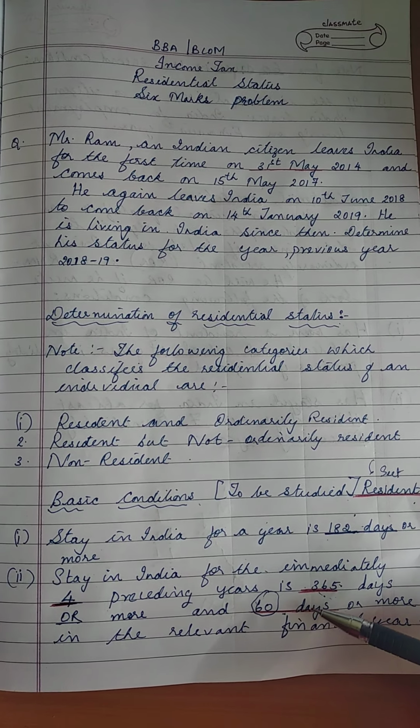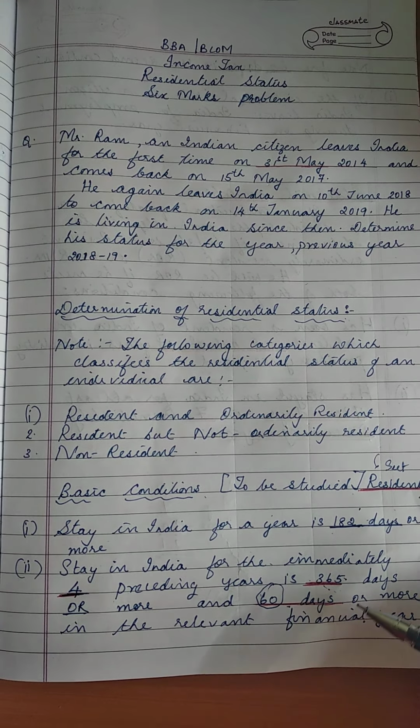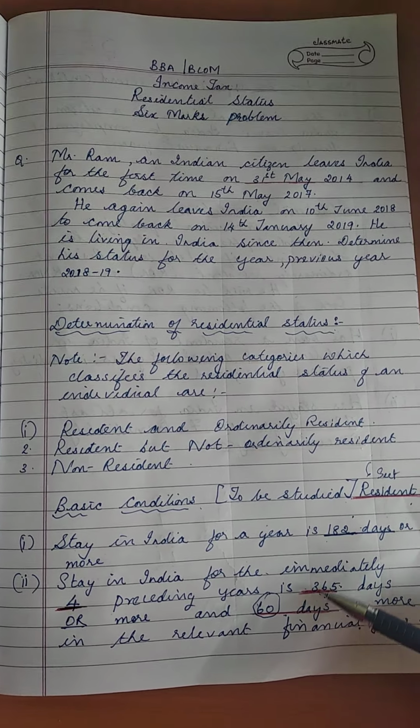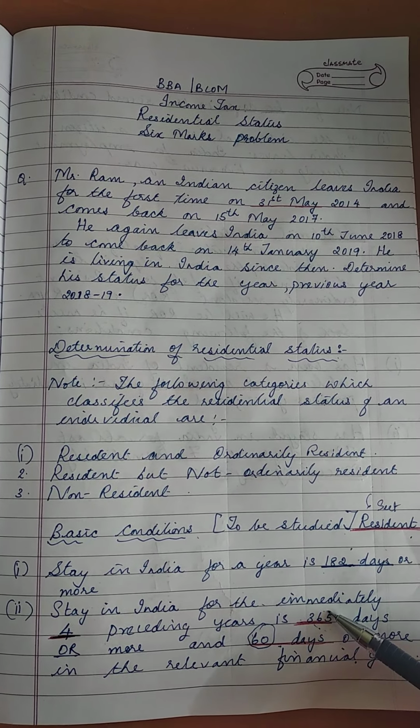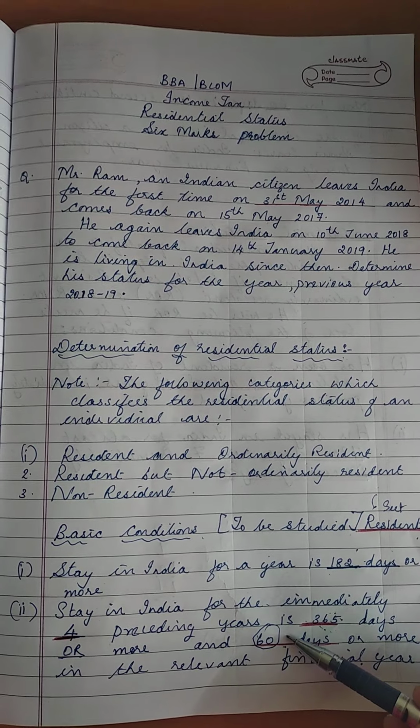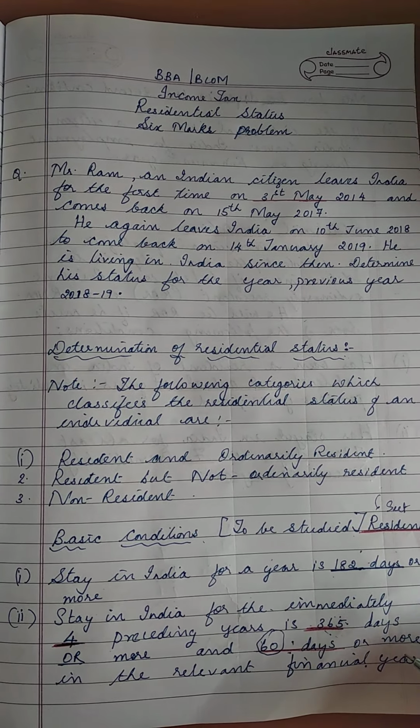So in the question we have to see whether he is leaving India for employment. If that is given, we won't take 365, we will take 60 days. That is the first exception.